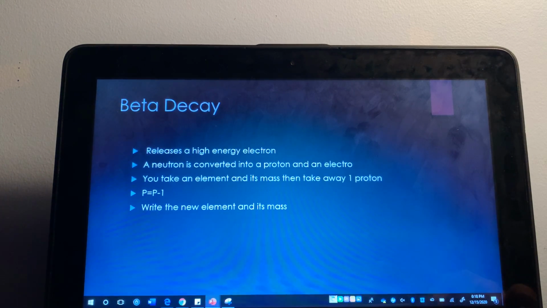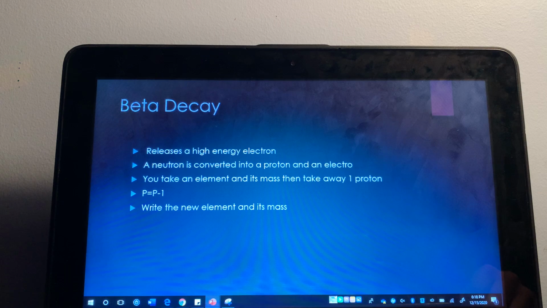The next one is beta decay, which releases a high energy electron, and a neutron is converted into a proton and an electron. So what you do is you take an element and then you draw your arrow to indicate the products, and then you write beta, or some people will use the e sign for an electron, but we're going to write beta with no mass and negative 1 charge, plus whatever we started with, but instead it has 1 more proton.